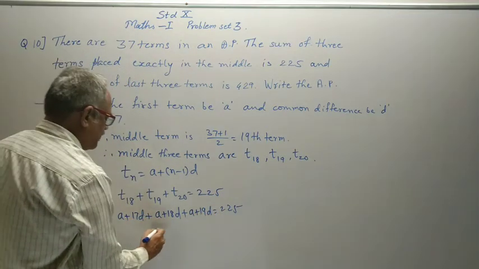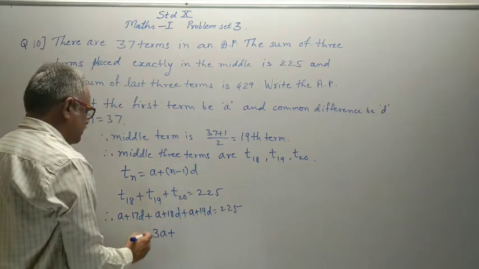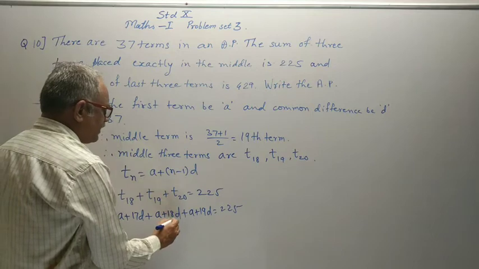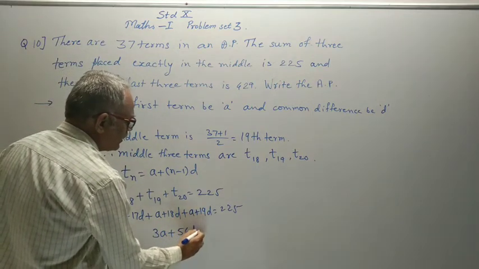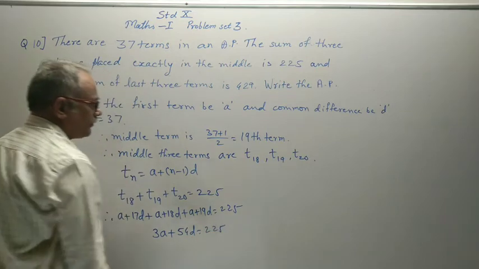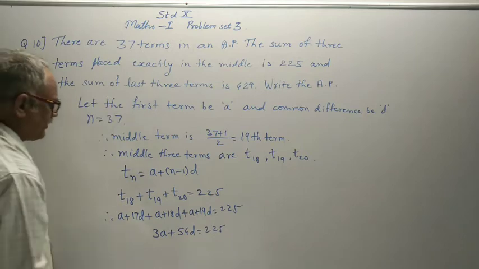3A, and 17, 18, 19 total: 17 and 18 is 35, 35 and 19 is 54, is 225. All are divisible by 3.